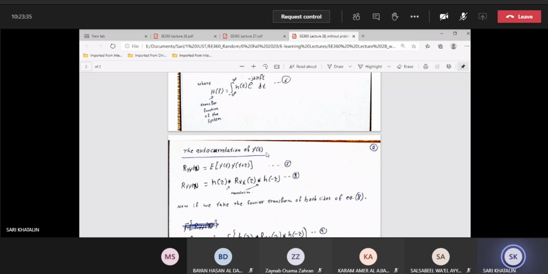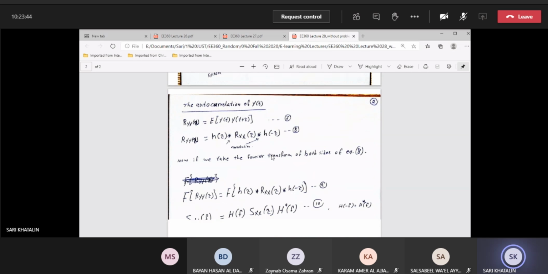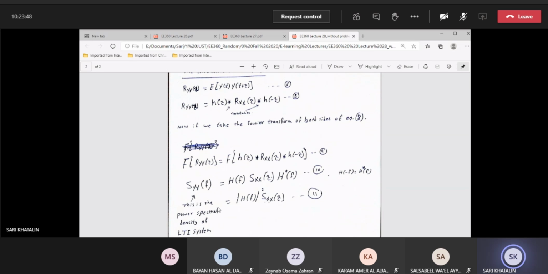And here we talked about the autocorrelation of Y(t), which is given in equation 8. We can find the power spectral density by taking the Fourier transform of this autocorrelation in equation 8.